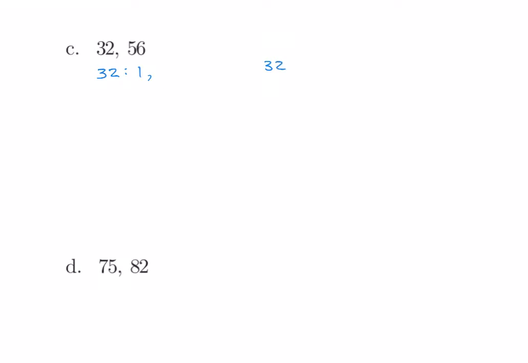Okay, a couple more. Let's try 32 and 56. We just finished doing all the factors for 32, so they are still the same. We still have 1 and 32, 2 and 16, 4 and 8.